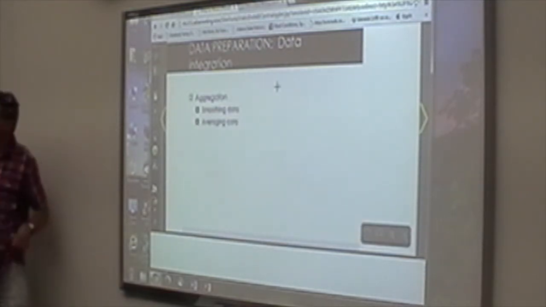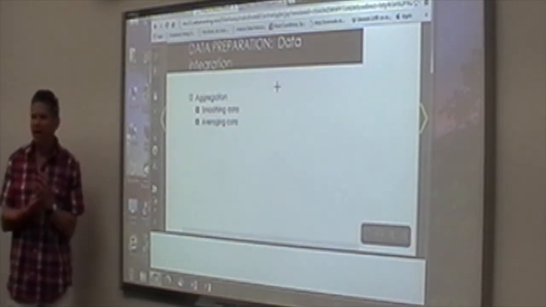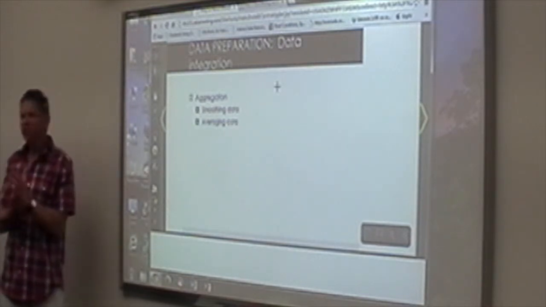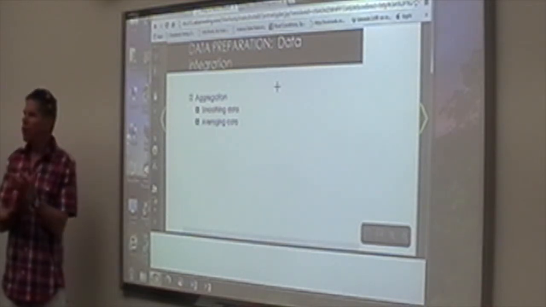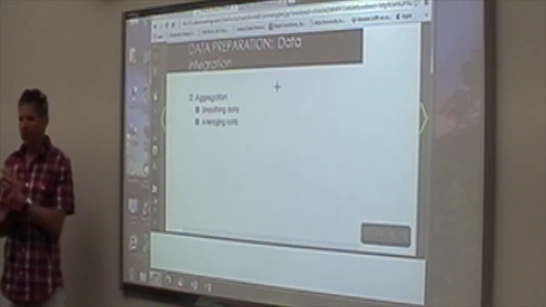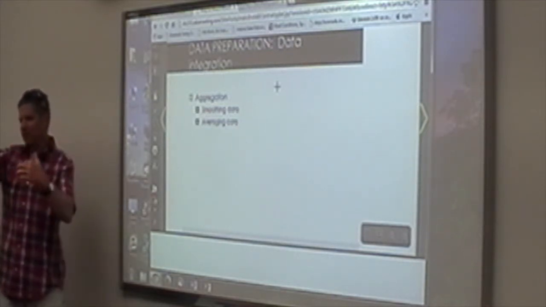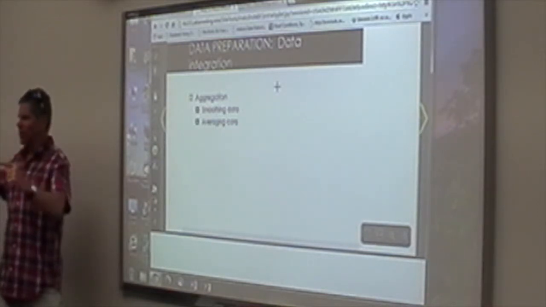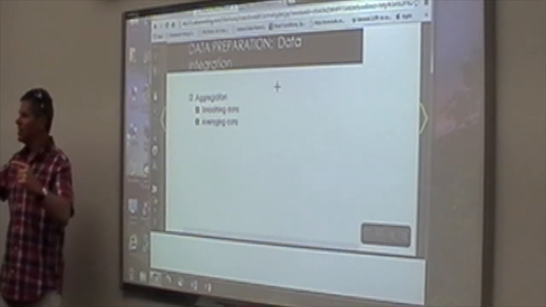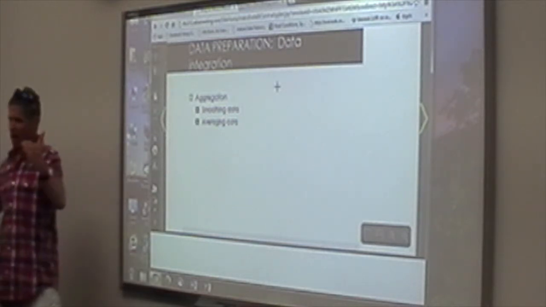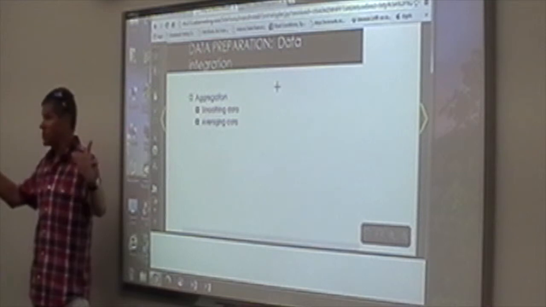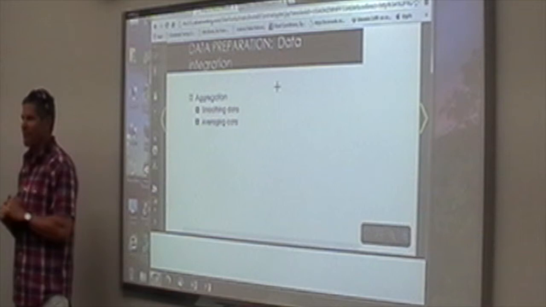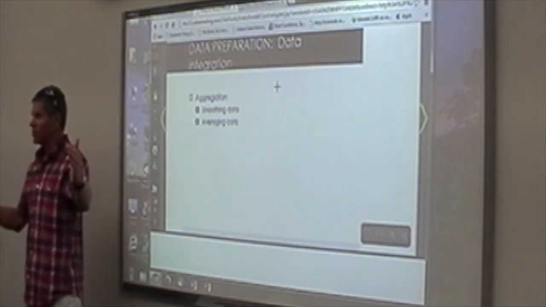So now we want to talk about data integration or aggregation, and really this is more about smoothing or averaging your data. If you've seen smoothing methods for data with a lot of noise in it, in time series of, say, stocks, they'll often talk about the 5-day moving average or the 30-day moving average.